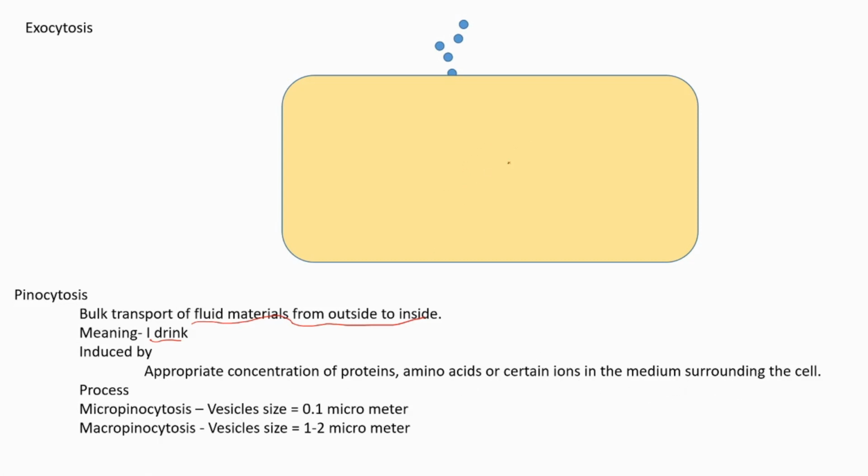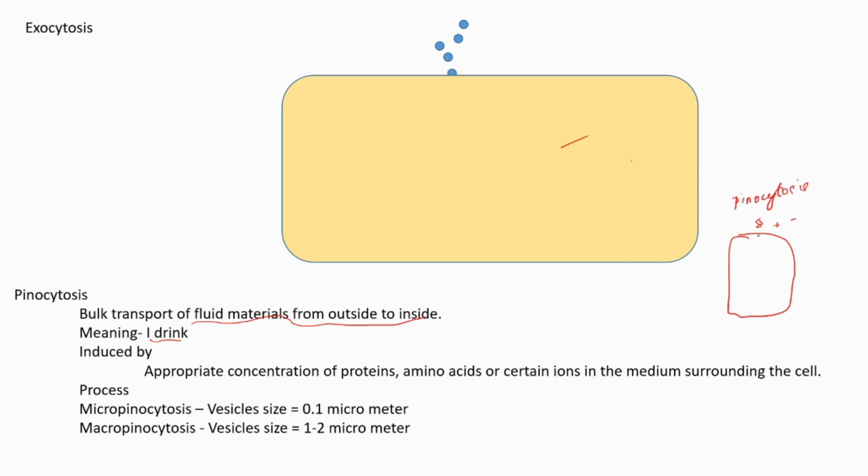If we consider that this is the cell, if the concentration of certain protein or certain ions are sufficient in the environment outside the cell, then pinocytosis will happen.